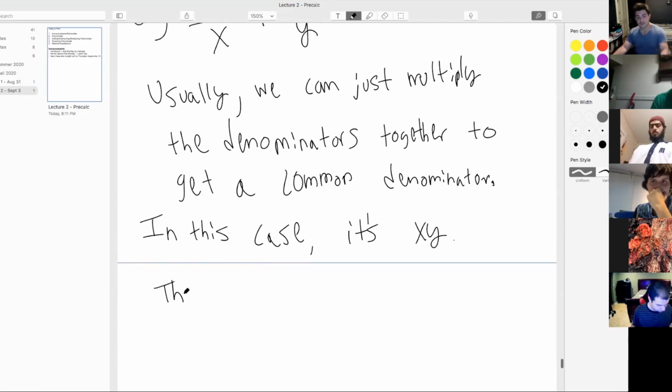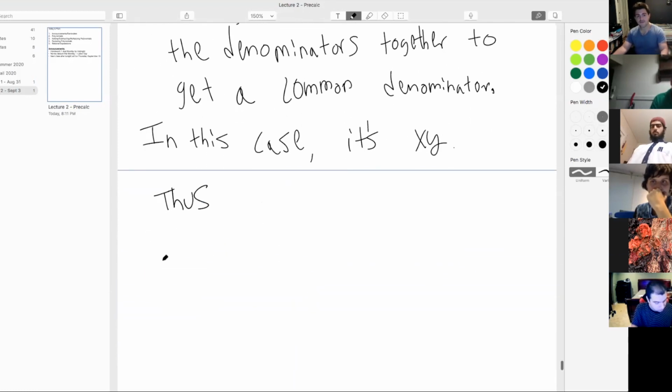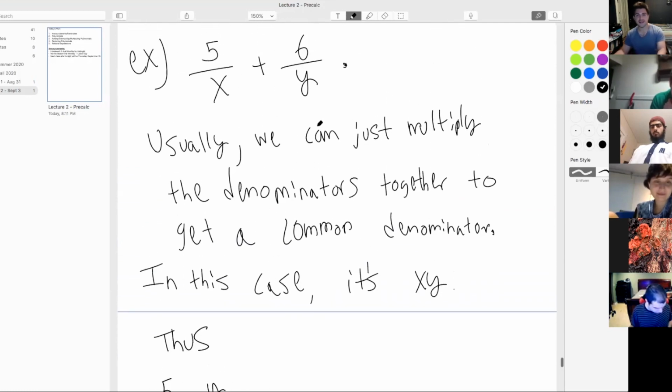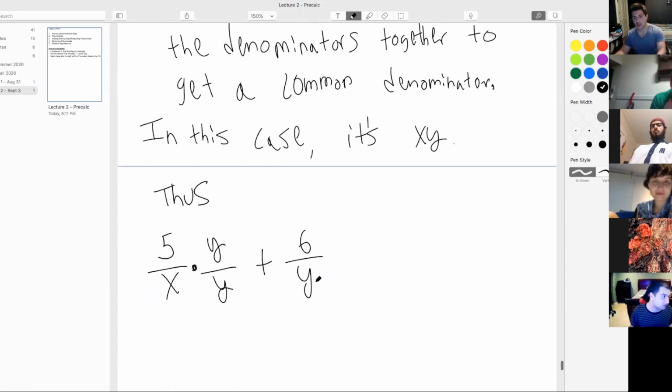Thus, I have 5 over x. What do I need to multiply x by to get xy? I need to multiply it by y, so that's y over y. Plus, my second fraction was 6 over y. What do I need to multiply y by to get xy? That is x, so I multiply by x over x.